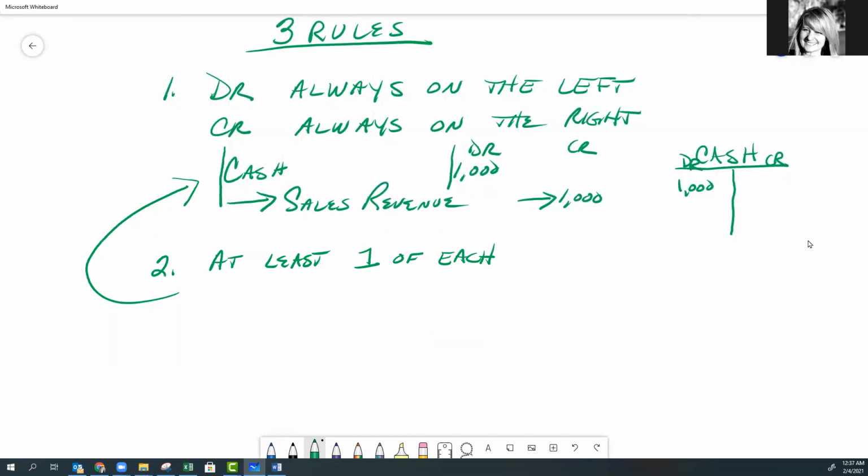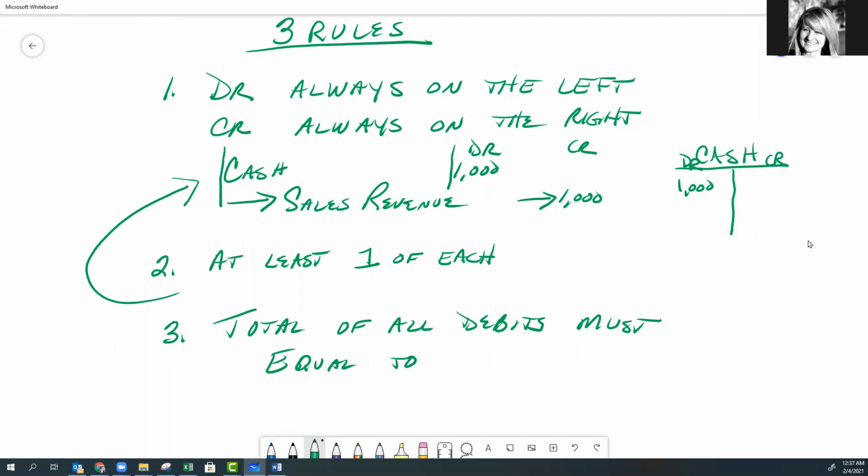You may have 1 debit and 10 credits, because rule number 3 says no matter how many debits and credits you have, as long as you have 1 of each, the total of all debits must equal the total of all credits.